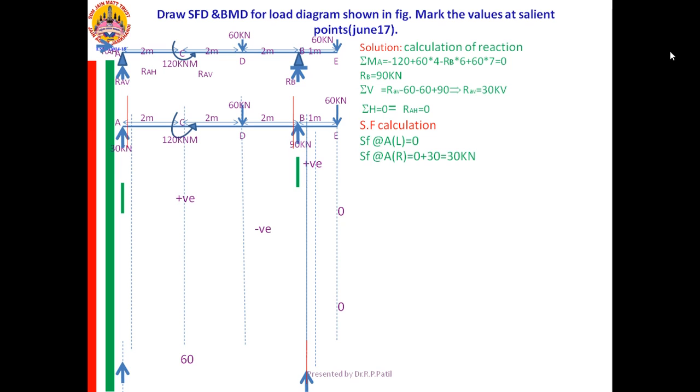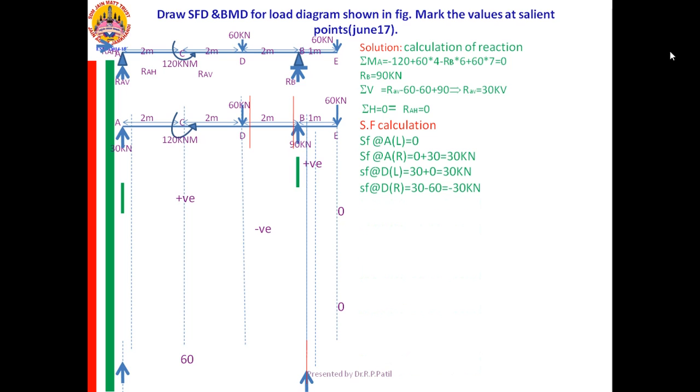Then I am going for the SF at D left. No new entry from the A right, therefore it is 30 plus 0 equal to 30 kilonewton. Then I am coming to D right.